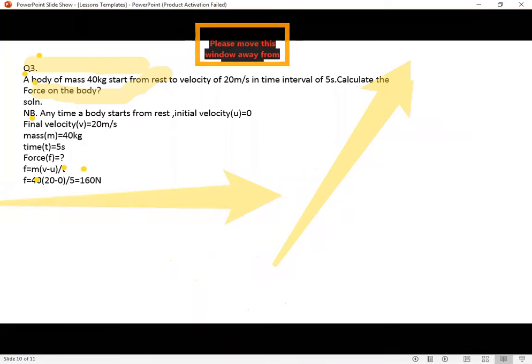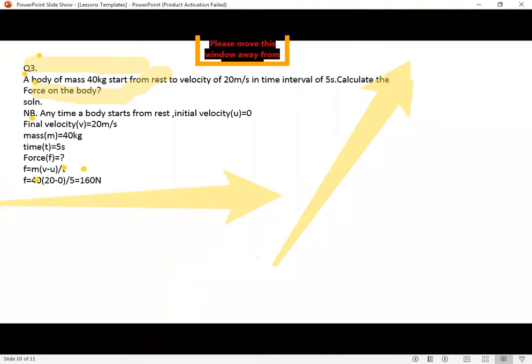There is no motion. It's immobile. So a body of mass 40 kilograms starts from rest to a velocity of 20 meters per second in a time interval of 5 seconds. Calculate the force on the body.